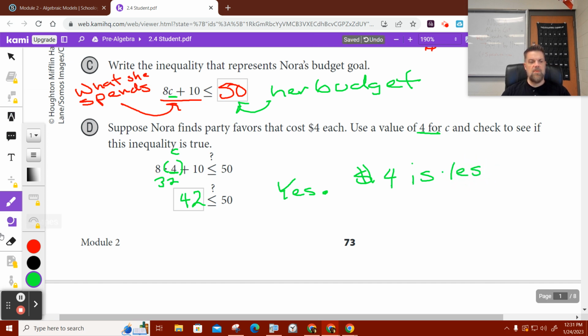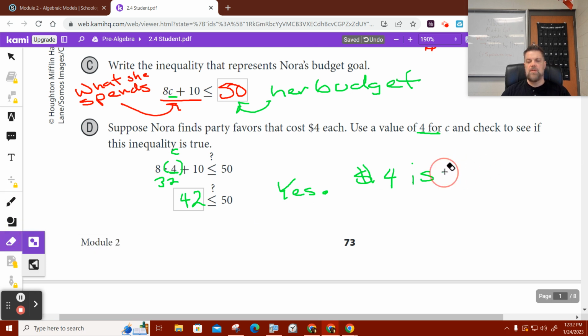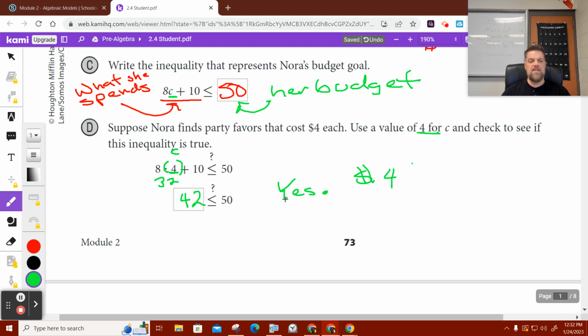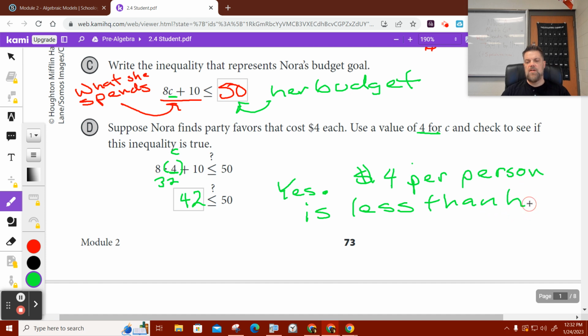Well, I got to be careful how I want to word this. I was going to say $4 is less than the budget, which is true. But then I realized I gotta be a little better on how I word it. So I would say yes, $4 per person is less than her budget.